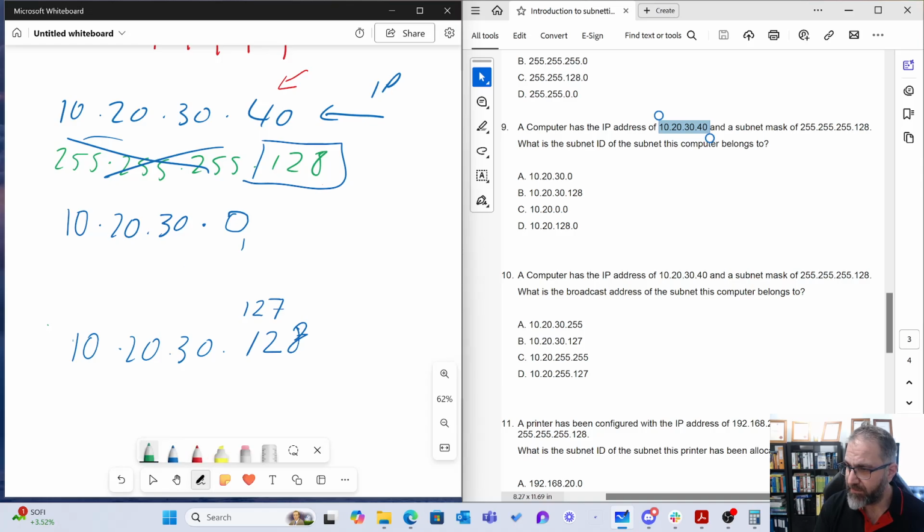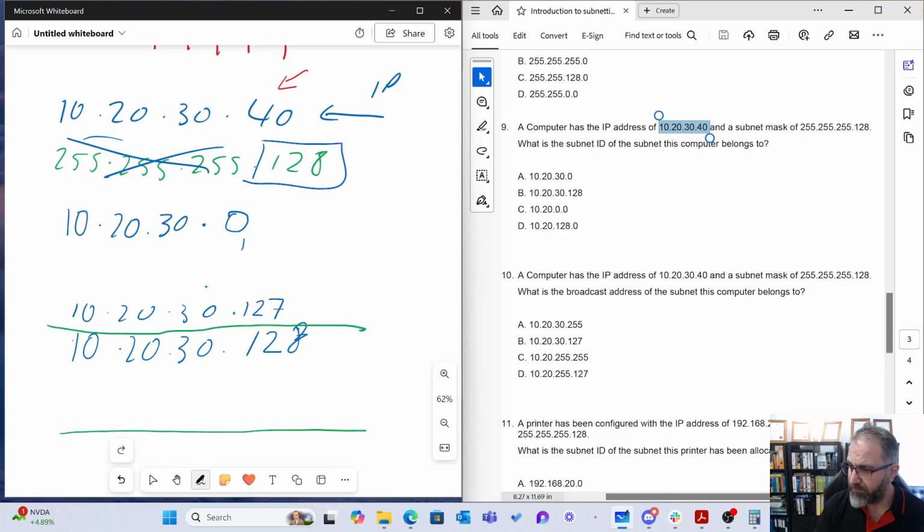Let's separate this. Dot 30.127, and in the second network we count all the way up to 30.255.